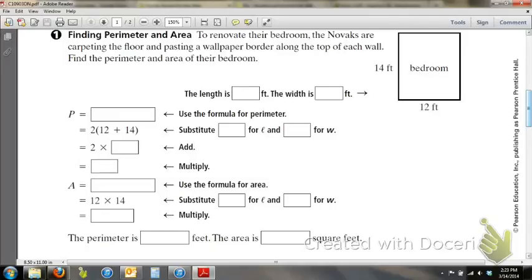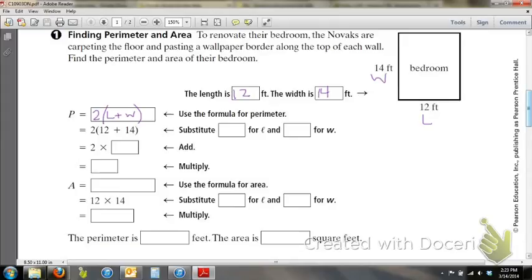Now again, it doesn't matter which one is length and which one is width. I'm going to make this my length and this my width. It doesn't matter. So my length is 12 and the width is 14. You'll get the same answer if you switched the length and width. So the formula is 2 times the length plus width.